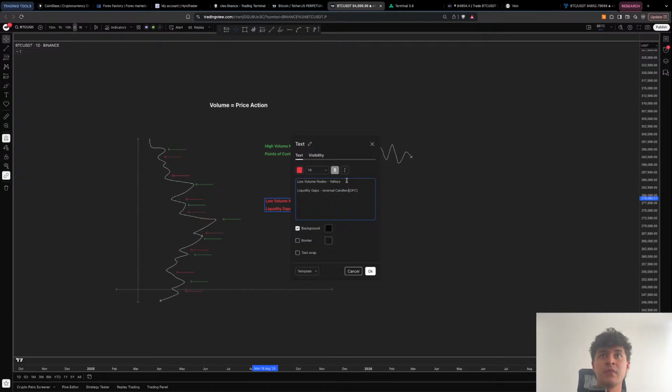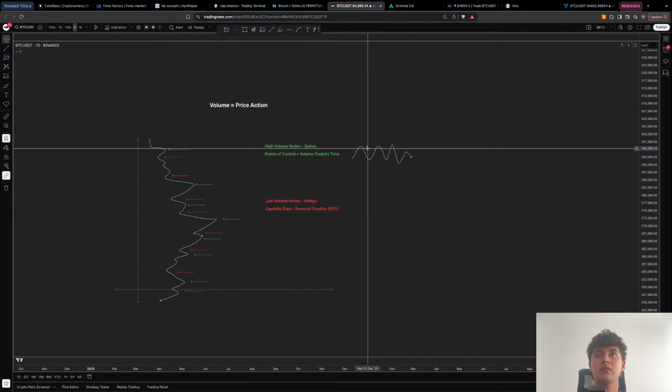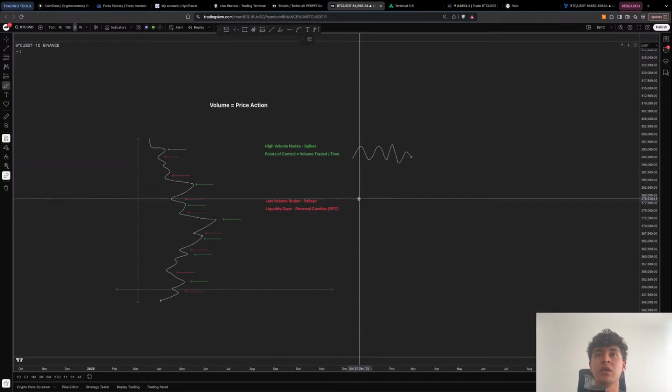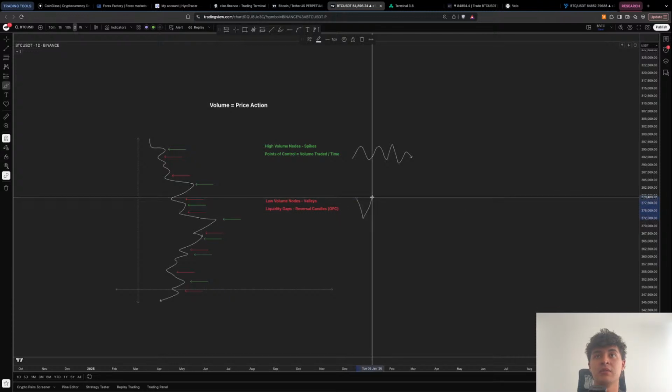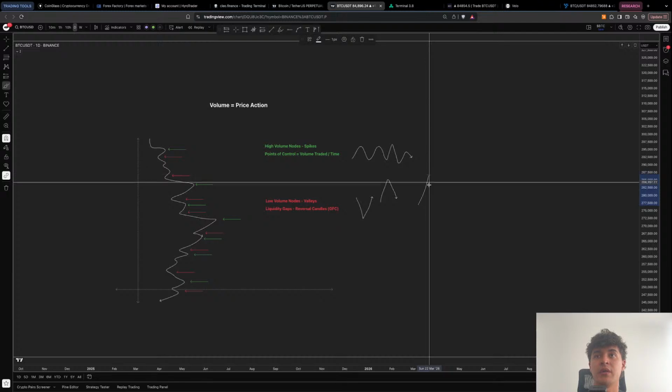That means the price action you're going to see on low volume nodes is either spikes in price or breakouts.